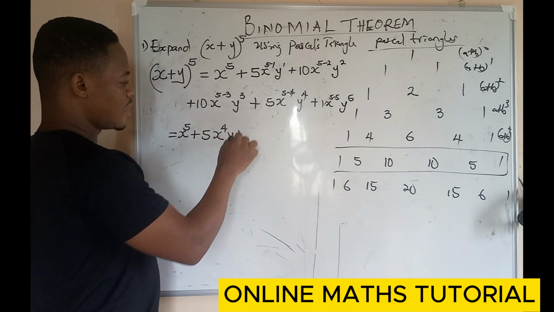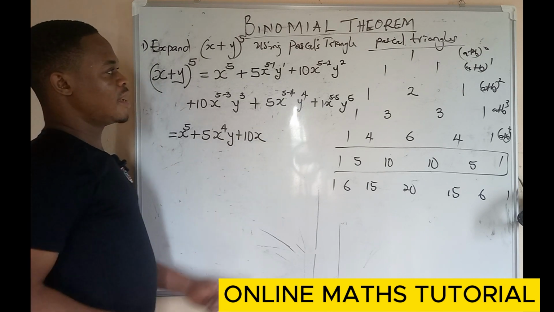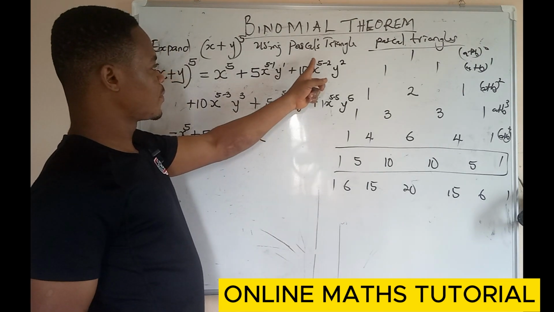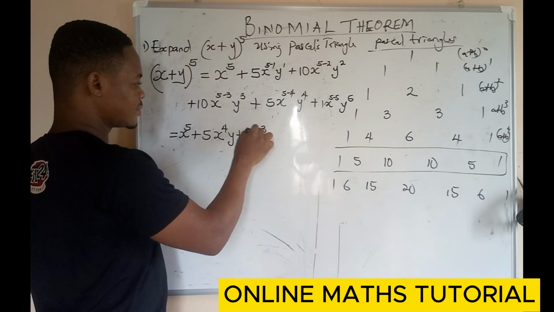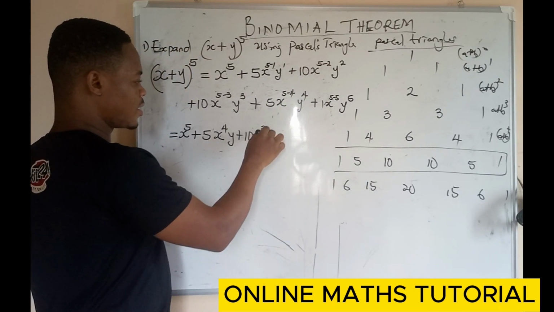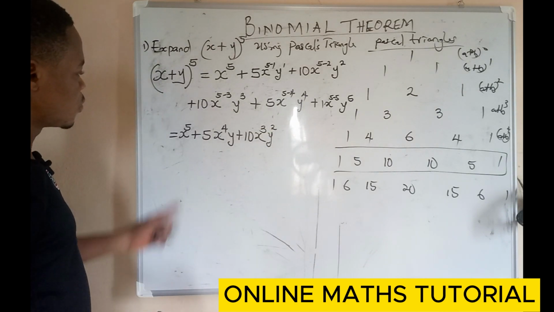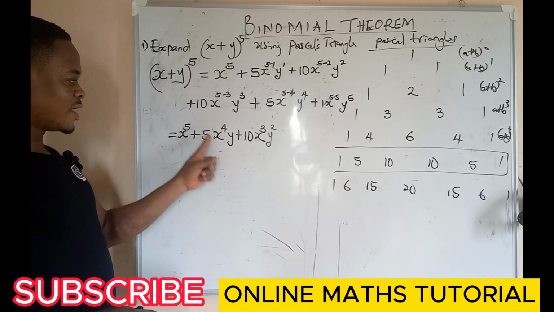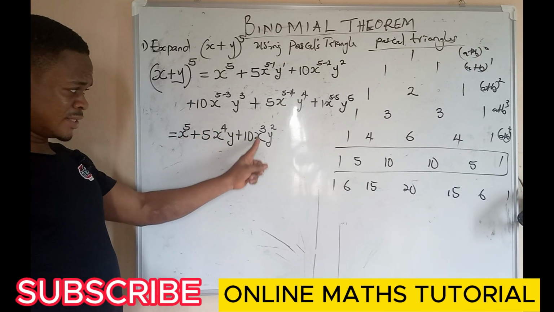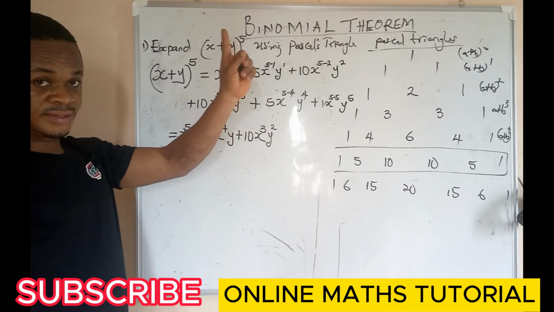Plus 10 x raised to power 5 minus 2 is 3, y raised to power 2. So when you look at this, you'll find out that while x was 5 here, here x is 4, here x is 3. x will be reducing and y will be increasing.